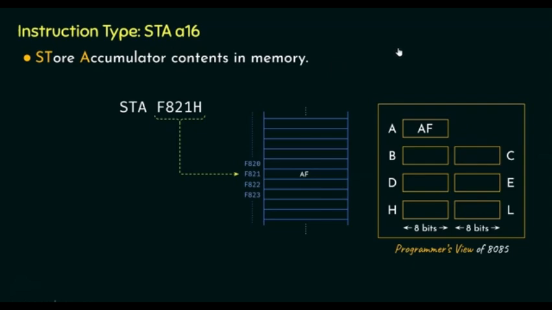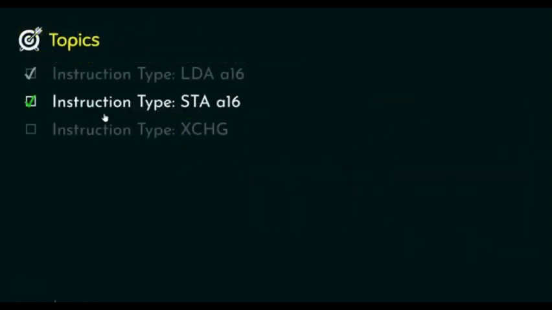Neither are there instructions like STB or STC. Remember, both LDA and STA refer to the accumulator register only. And this is the reason why the accumulator is a special purpose register. Unlike the general purpose registers, the accumulator can be addressed in multiple ways. So that was all about the instruction type STA a16.